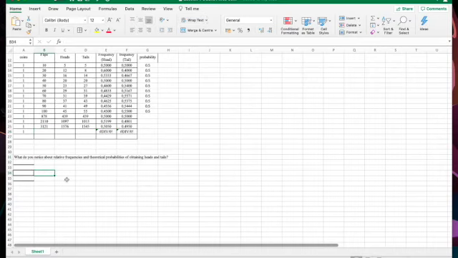What do you notice about the relative frequency and the theoretical probability of obtaining heads and tails as you keep on increasing the number of tosses? What do you notice between the theoretical probability, which is 0.5, and the relative frequency? Please do answer that question.